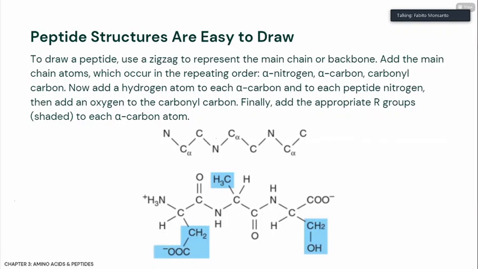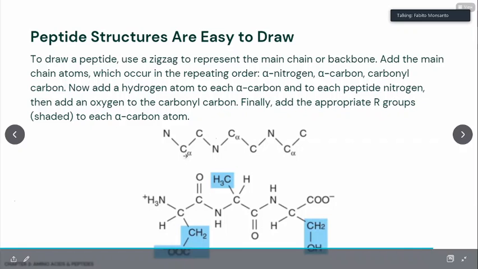All right, the peptide structures are easy to draw. They usually draw it this way. That's the alpha carbon. This is the carboxyl carbon. Then you have your amino group. You have alpha carbon, then carboxyl, then amino, then carboxyl. Now, see? That nitrogen is this nitrogen here.